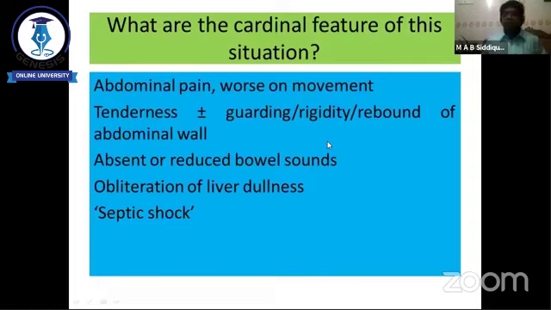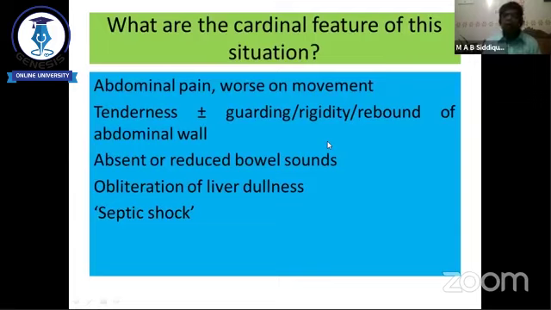But if you divert the patient's concentration and press your hand on the abdomen, and there is rigidity, then you say the pain is due to peritonitis. So guarding and rigidity differentiate whether the patient's pain is due to peritonitis or not.